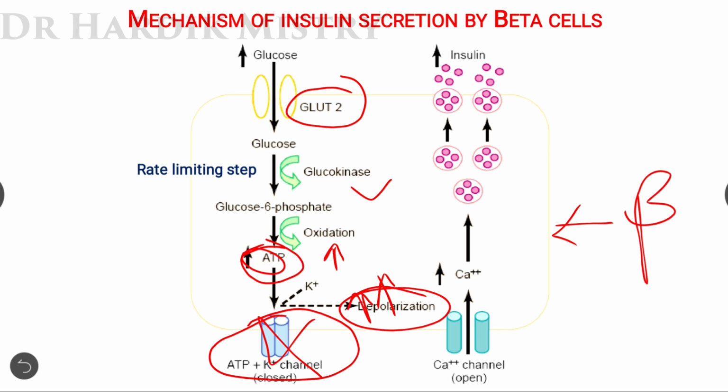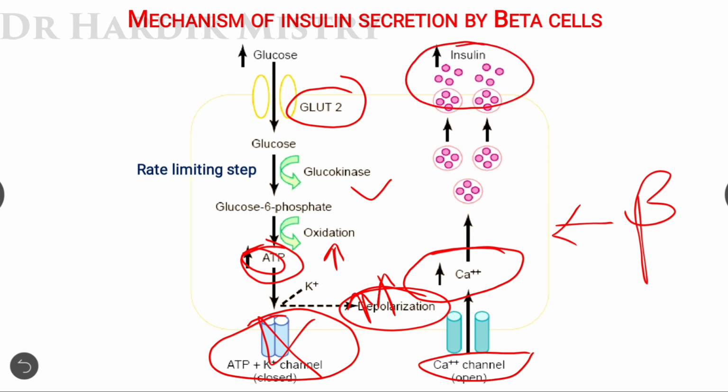This depolarization activates the calcium channel, and the calcium channel opens up so that calcium ions enter the beta cell. Once calcium increases inside the beta cell, it triggers the release of the granules of insulin. So that is the mechanism of how insulin is released.